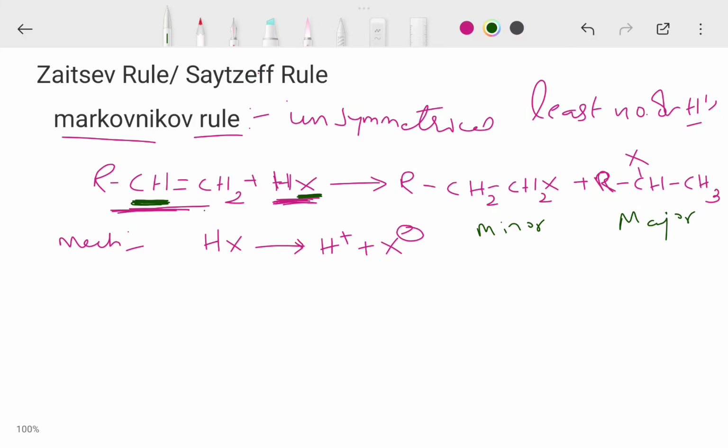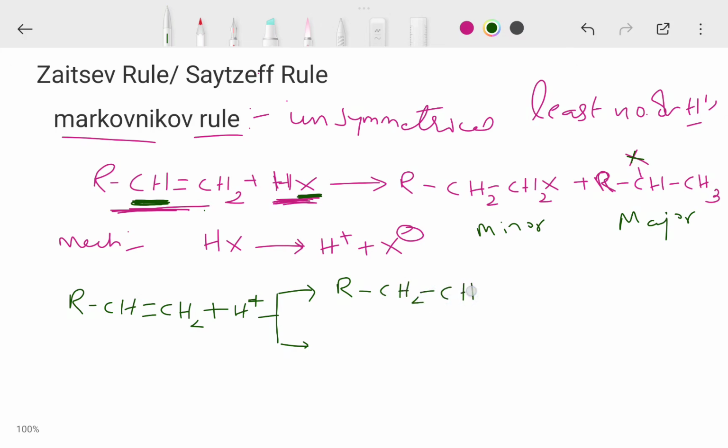According to Markovnikov rule, the negative part of the reagent is added to the double bonded carbon atom containing the least number of hydrogens. For example, I can write the reaction mechanism: R CH double bond CH2 plus H plus. Here two types of products are possible.